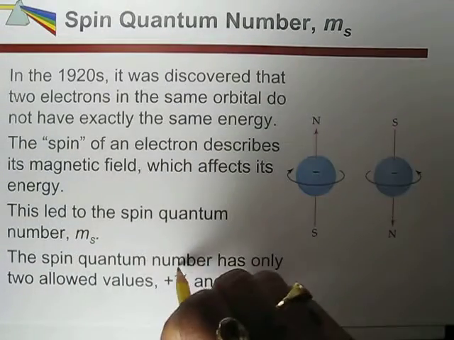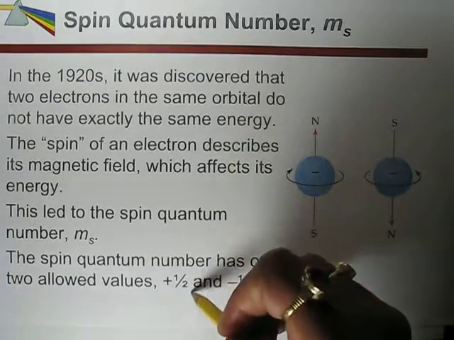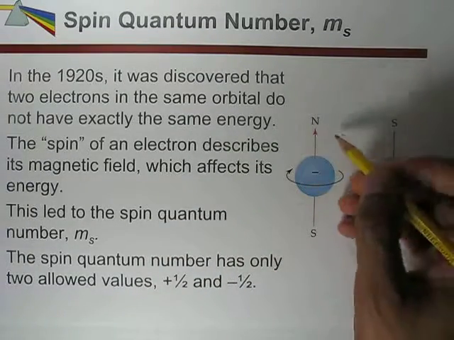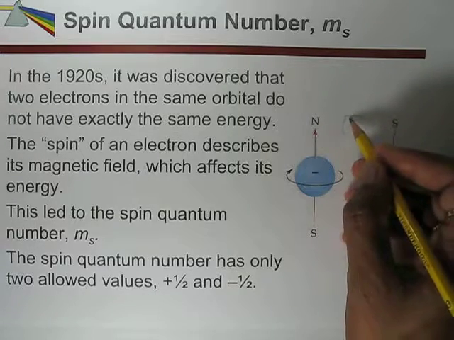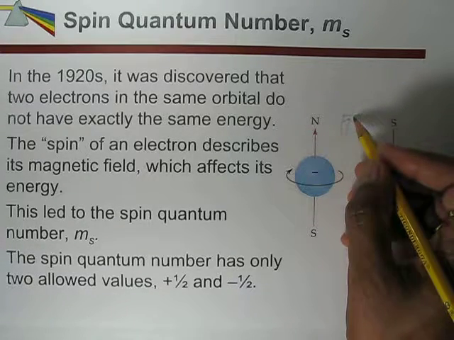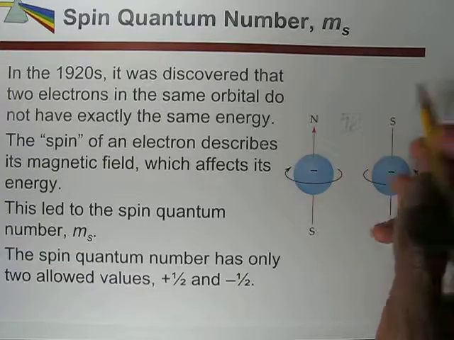The spin quantum number has only allowed values plus half and minus half. So if one orbital has two electrons, one will move clockwise and the other anti-clockwise, like that.